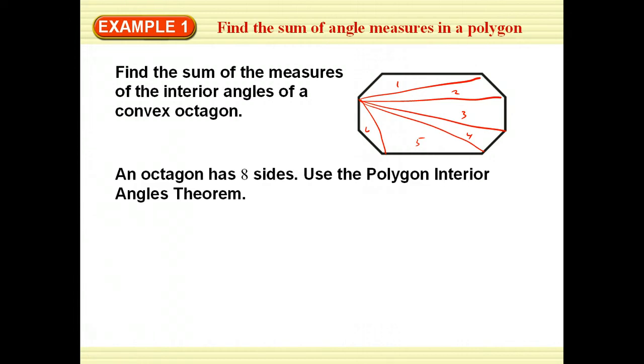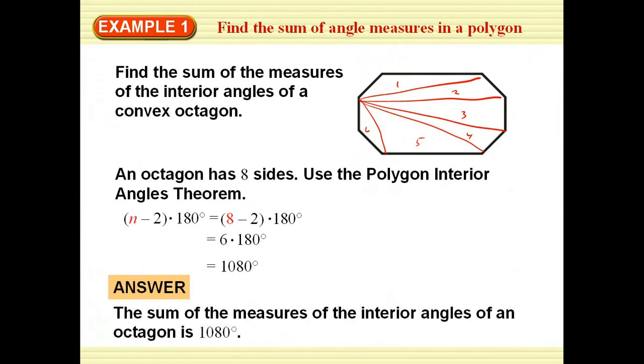So according to our polygon interior angles theorem, I've got 8 sides minus 2 gives me 6 triangles times 180 degrees, so I have 1080 degrees for the sum of all the angles in the triangle, or in the polygon.